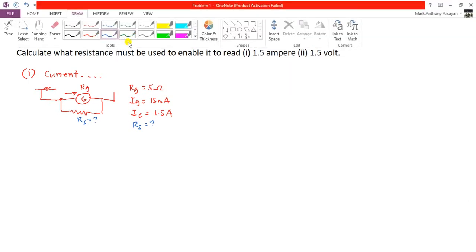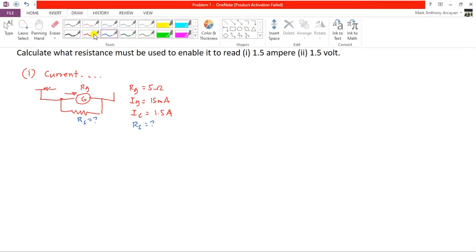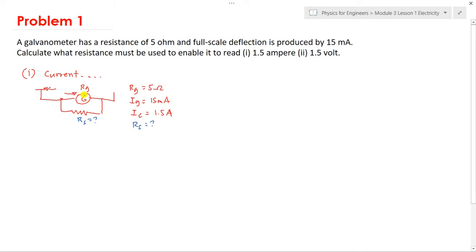The voltage on the galvanometer is just equal to the voltage on our shunt. That is VG equals VS, and VG is just IG times RG. The voltage in the shunt is IS times RS.